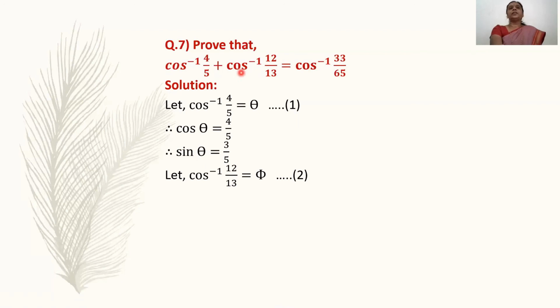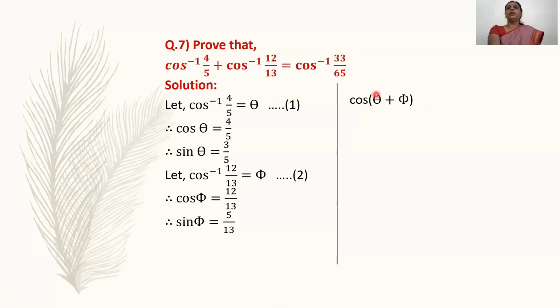Then the next function is cos inverse 12 upon 13. You treat this as phi, and suppose that is equation 2. Take cos to the right hand side, cos phi will be 12 upon 13. Then again using Pythagoras triplet or identity, you use any one of that and find out sin phi is equal to 5 by 13.